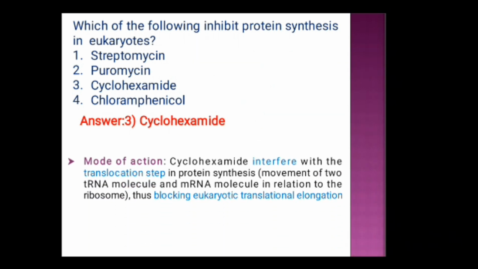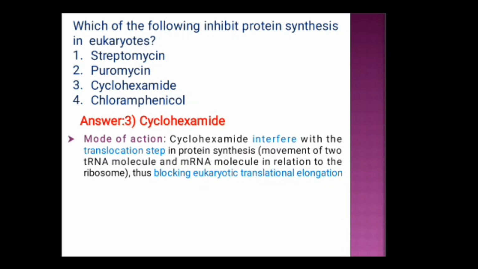Okay. So cycloheximide interferes with the translocation step in protein synthesis, that is the movement of the tRNA molecule and mRNA molecule in relation to the ribosome. And by interfering with the translocation step in protein synthesis, it blocks eukaryotic translation elongation.